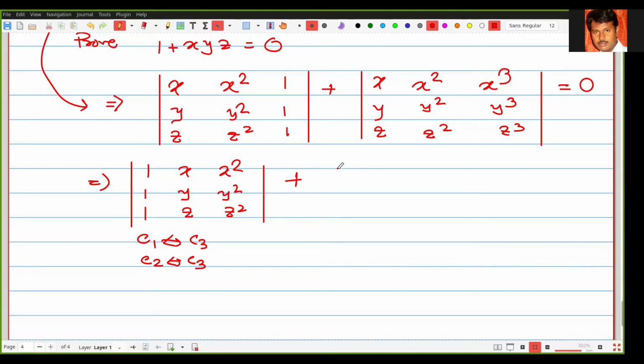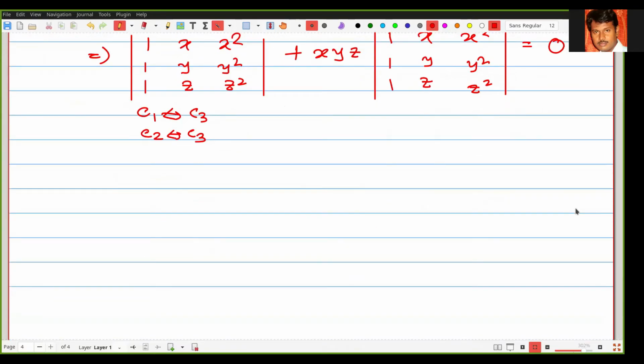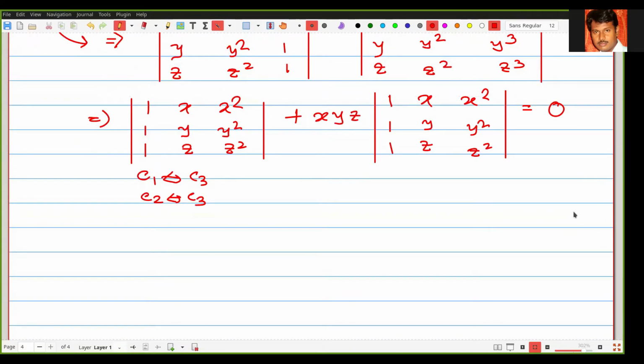Plus now take common of X from the first row, Y from second row, Z from the third row. So that is 1, 1, 1 the first column, then the X, Y, Z, then the X square, Y square, Z square is equal to 0. So we can take common the determinant itself from here.